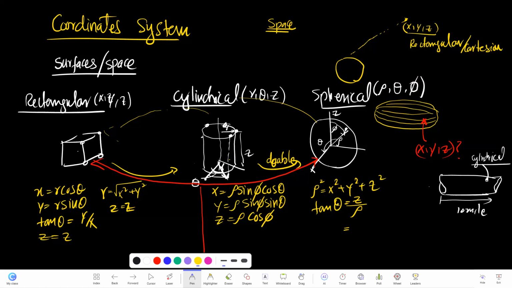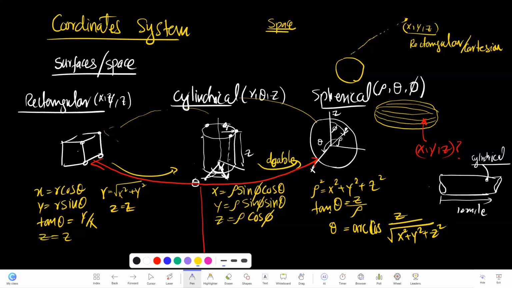You can also elaborate this one: take the theta, leave it here, and bring the tangent to the other side. You can write it like this on your calculator. Nothing is changed. The way you calculate is not going to change. You're just writing arc cosine, z over rho, so basically the inverse of cos.